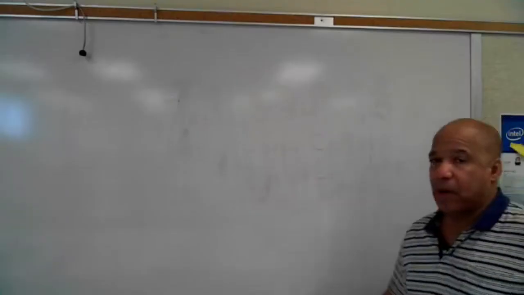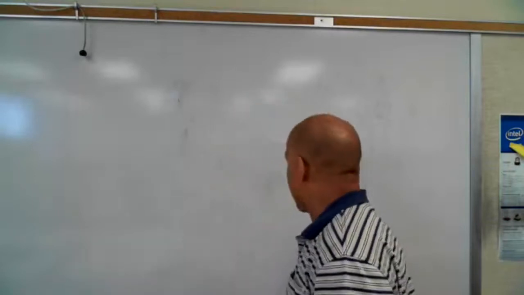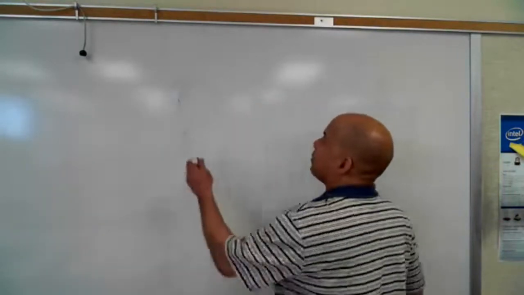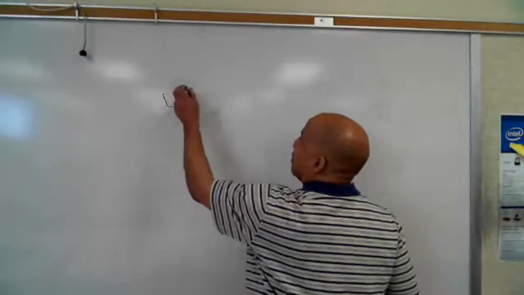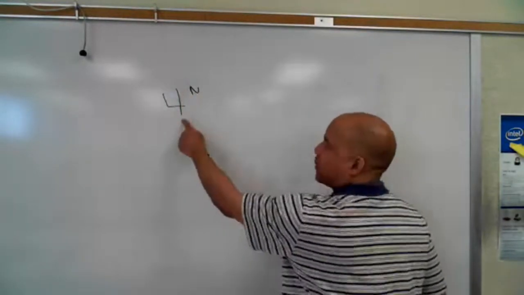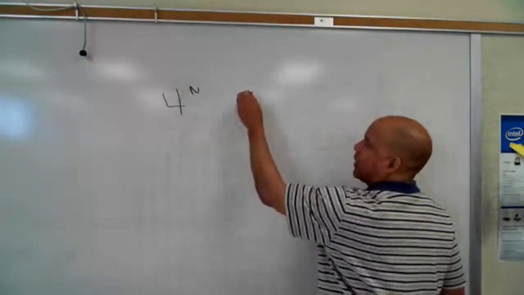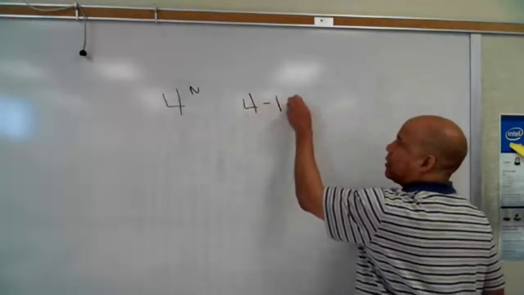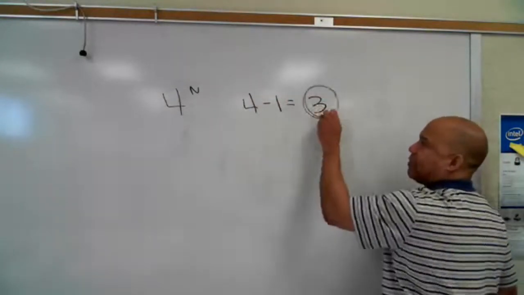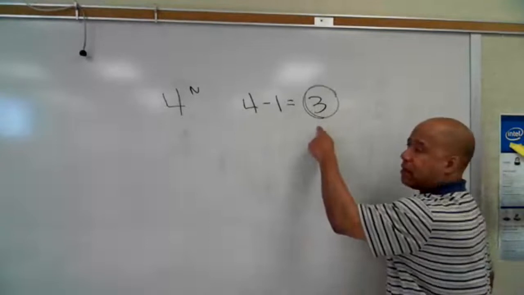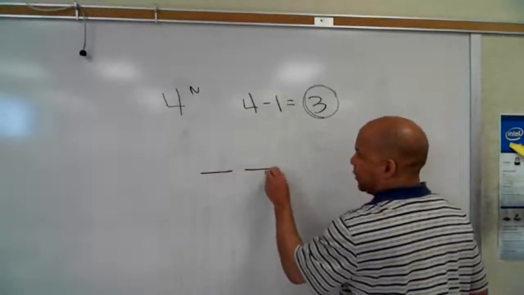On the exam, I can say, make up a number system, or I can give you a number system that's weird, like a base 4 number system. So if I say, all right, you got a base 4 number system, so I got 4 to the n, that means I'm going to have 4 symbols, and the symbols, I take the base minus 1, so the highest value that I can have in a base 4 number system would be that. So then I can go my position weighting.